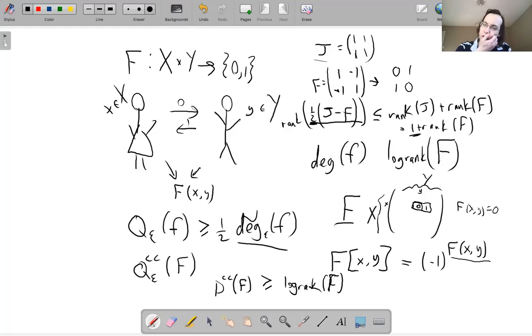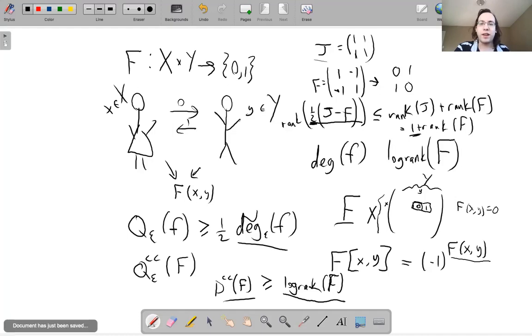Okay, so this gives us a reason to care about this, and the reason is that a communication protocol is going to split our matrix into monochromatic rectangles that are all zeros or all ones, and if the protocol goes for t rounds, then it can split the matrix into 2 to the t different rectangles.